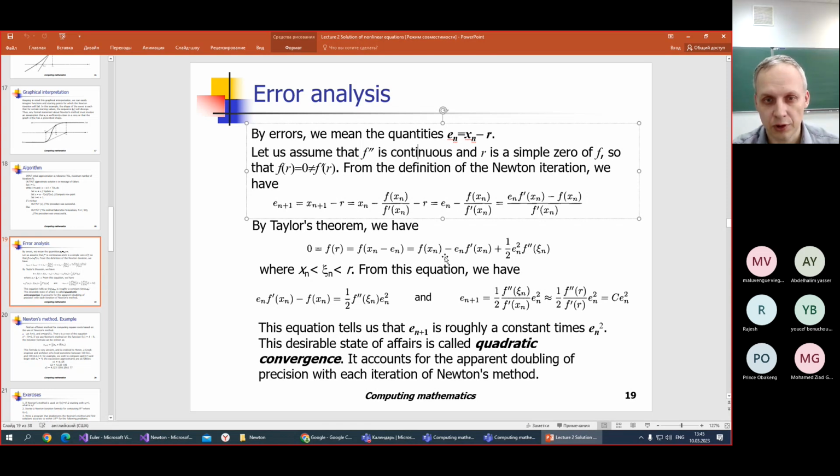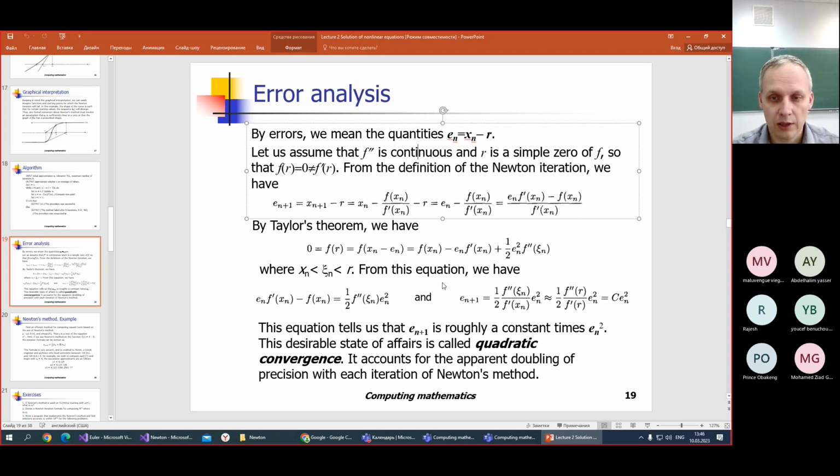Actually, these two terms are written here, and we can write that this difference equals 1 over 2 En squared times the second derivative at the point xi n, where xi n is some point between xn and r.